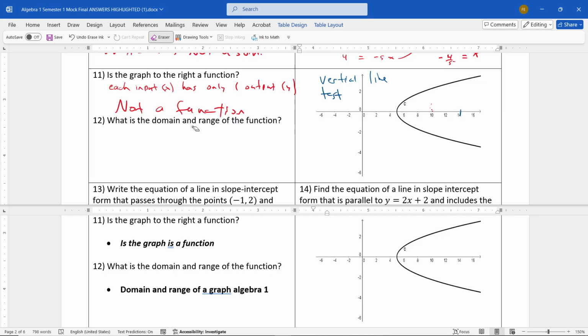Okay, domain and range. So as a review, domain is the set of possible x values that the graph covers, and the range is the possible y values that the graph covers. So in this case, what x values does the graph cover, right?